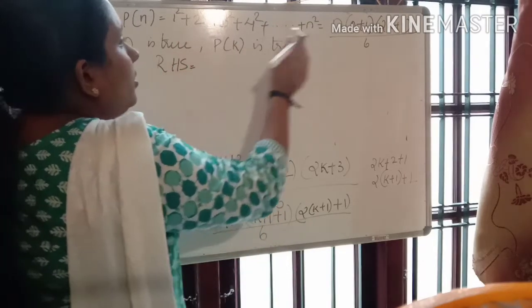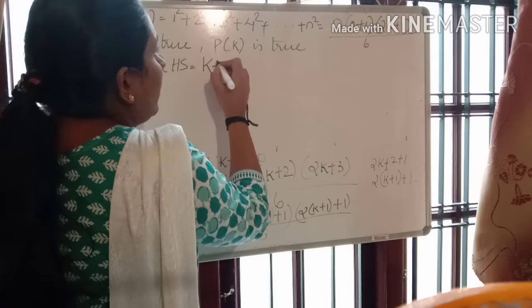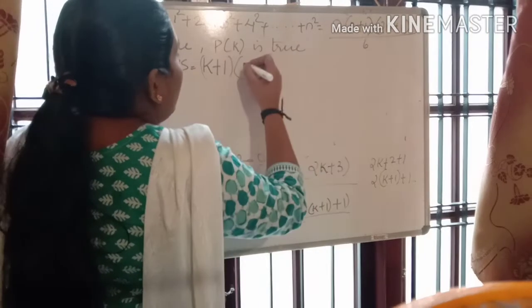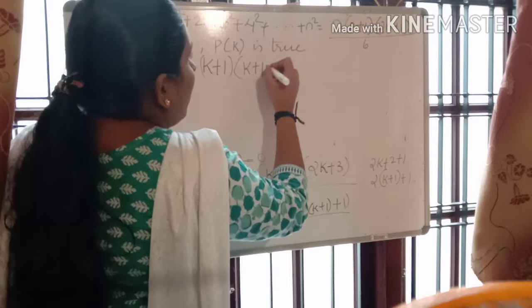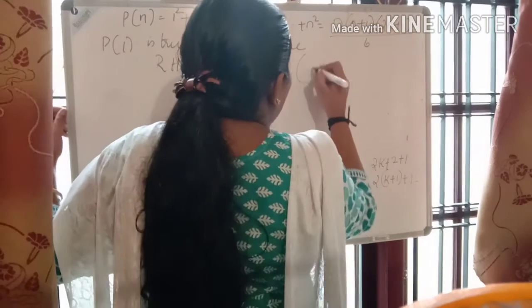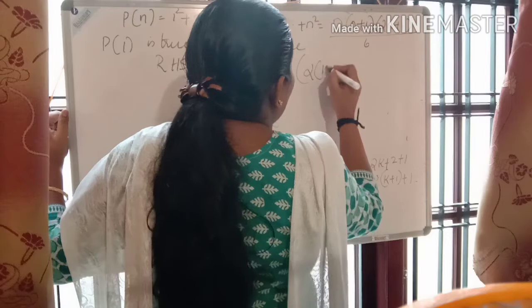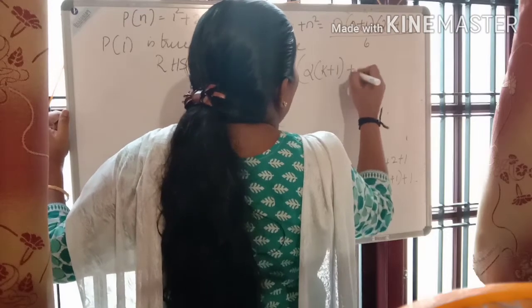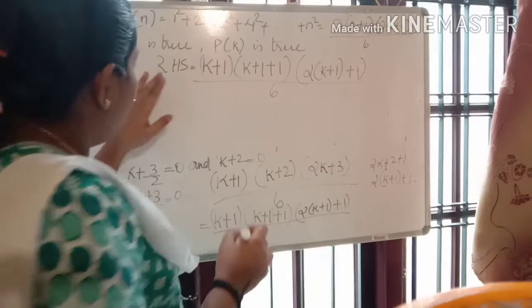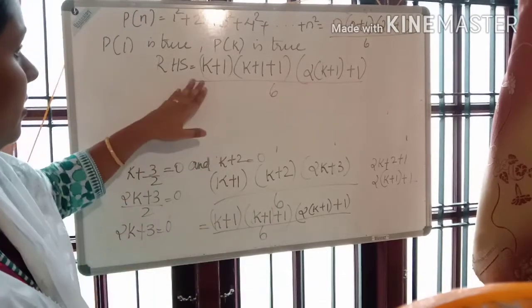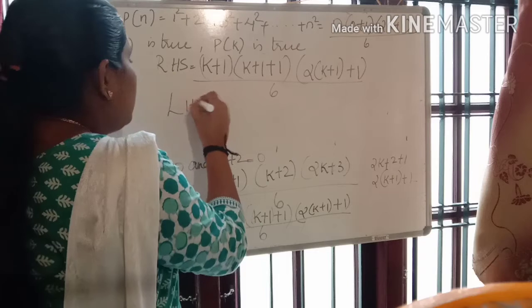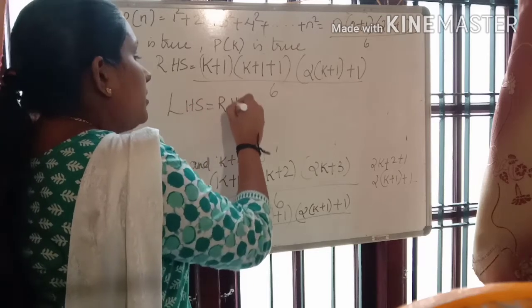RHS: apply K plus 1 instead of N. Here N into N plus 1, that is K plus 1 into K plus 1 plus 1, and 2 into K plus 1 plus 1, divided by 6. Is this the answer of the LHS? Yes, these are the same. So, LHS equals RHS.